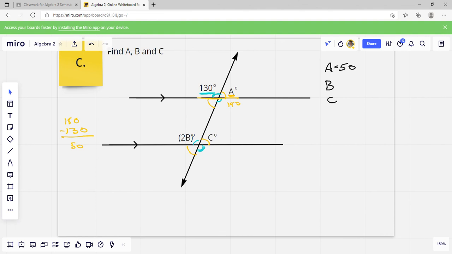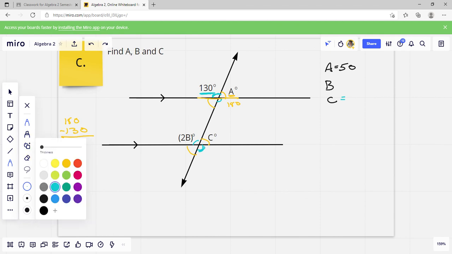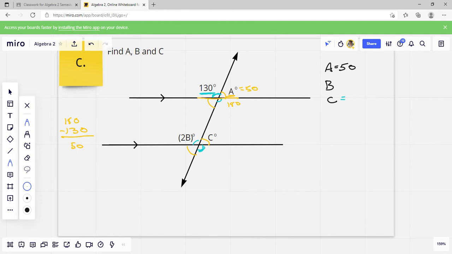Okay, so that means C is a yellow. So our yellows are the same as A, which is 50, right? So that means that, oops, let me do that in yellow. All our yellows are 50. If A is 50, that means C is also 50.